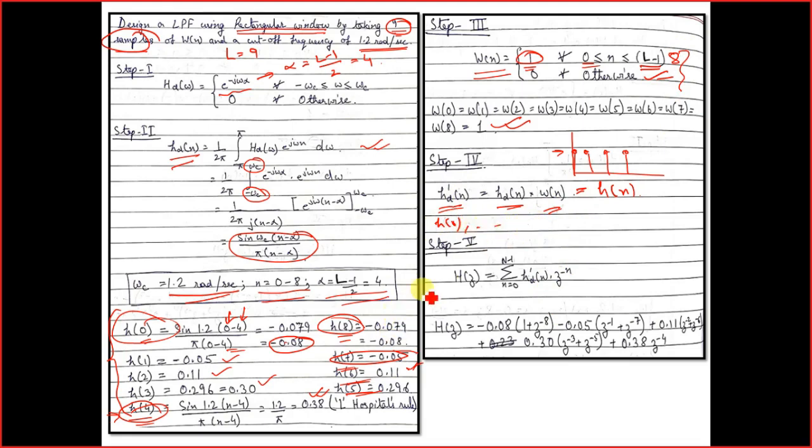In this case, since Wn is equal to 1 for all the values, whatever the Hd[n] values you have got will be used for calculating the transfer function. Then after you have got the transfer function, you have to go for the realization of the filter.